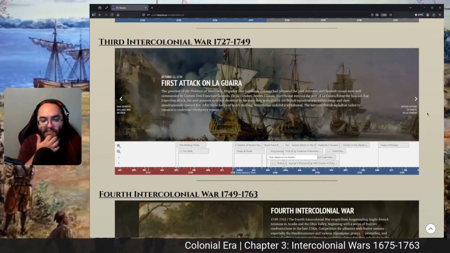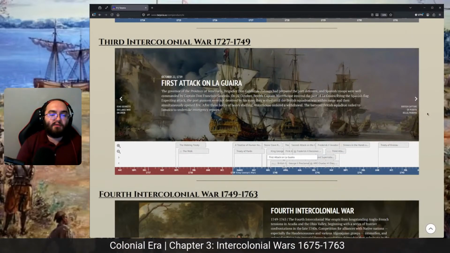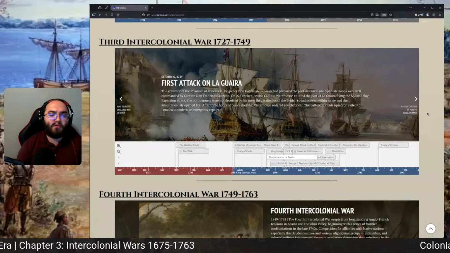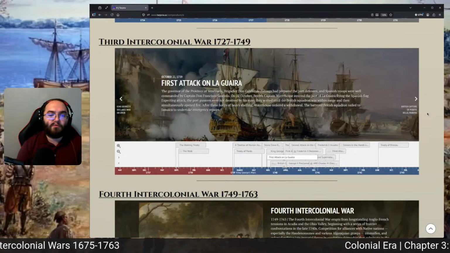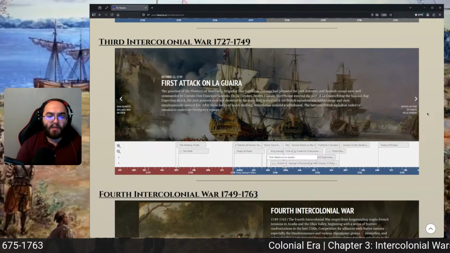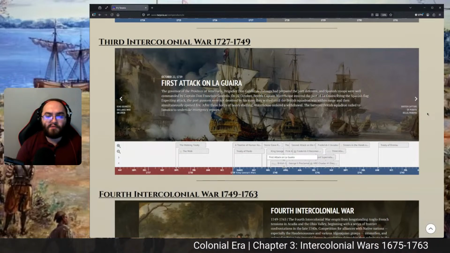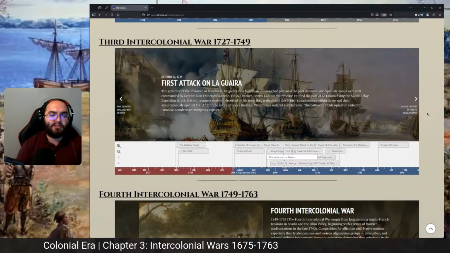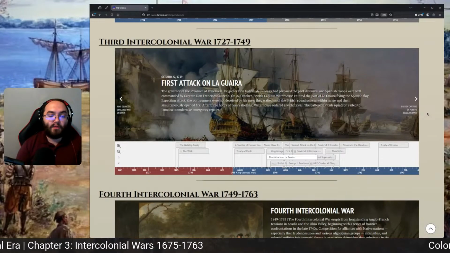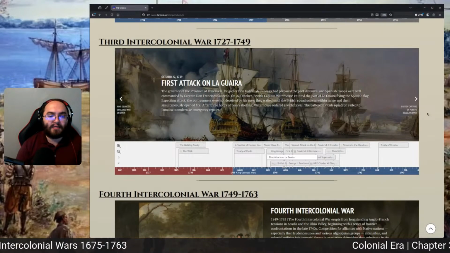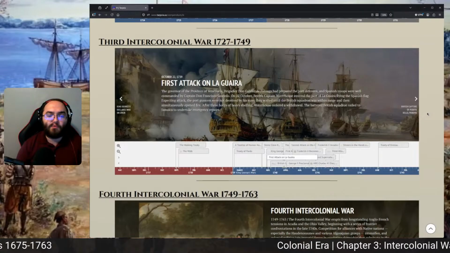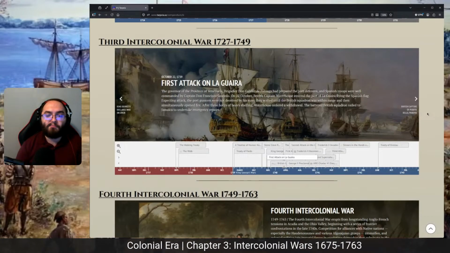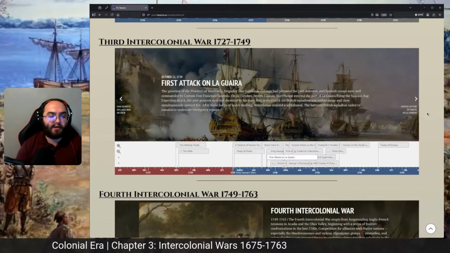And one of the first battles is the attack on La Guaira. The governor of the province of Venezuela, Brigadier Don Gabriel de Zuloaga, had prepared the fort defenses, and Spanish troops were well commanded by Captain Don Francisco Saucedo. On October 22nd, British Captain Waterhouse entered the port of La Guaira, flying the Spanish flag, expecting attack.